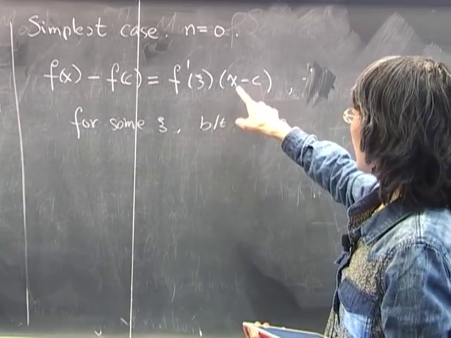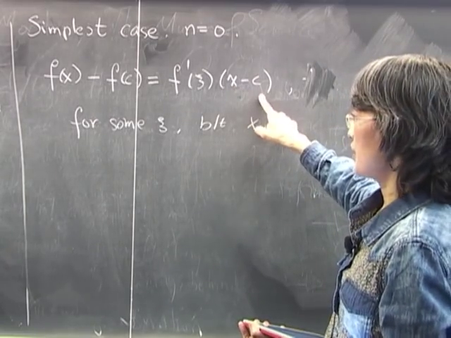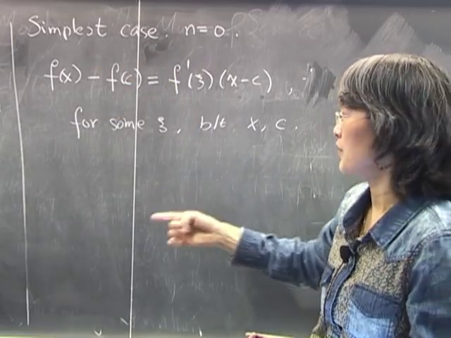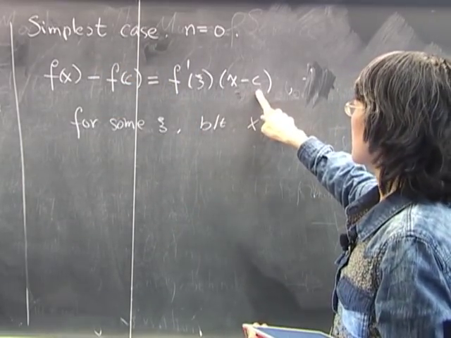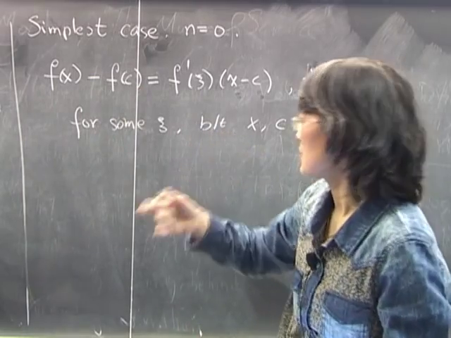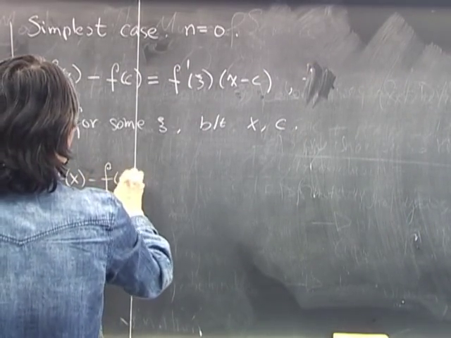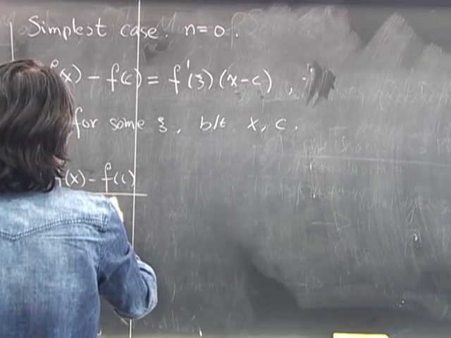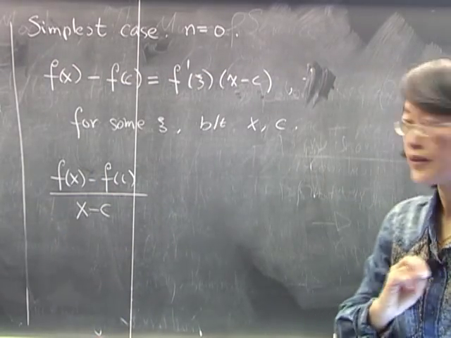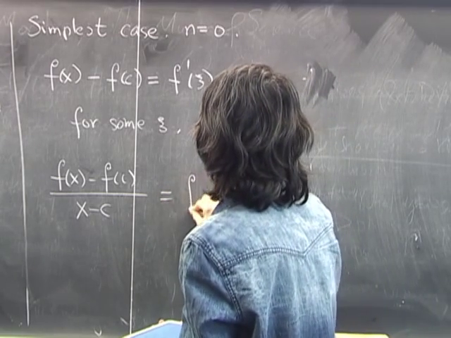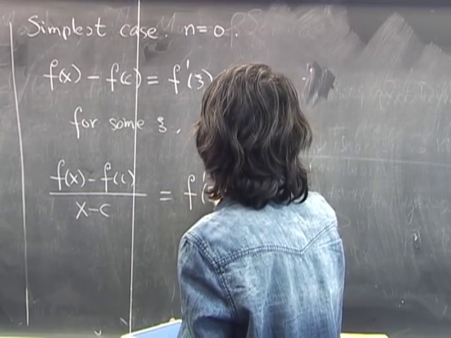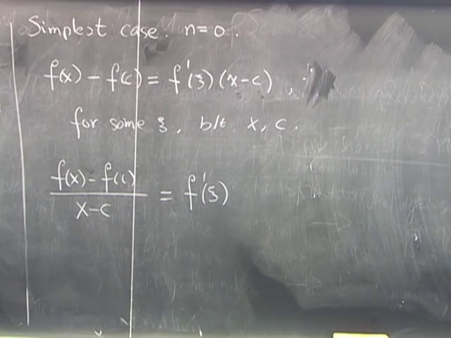How about let's say x does not equal c. If x equals c, it's trivial, the error is 0. Let's say x doesn't equal c, so I can divide both sides by x minus c. I'll have the following expression on the left, right? And then on the right is f prime of psi, for some psi.